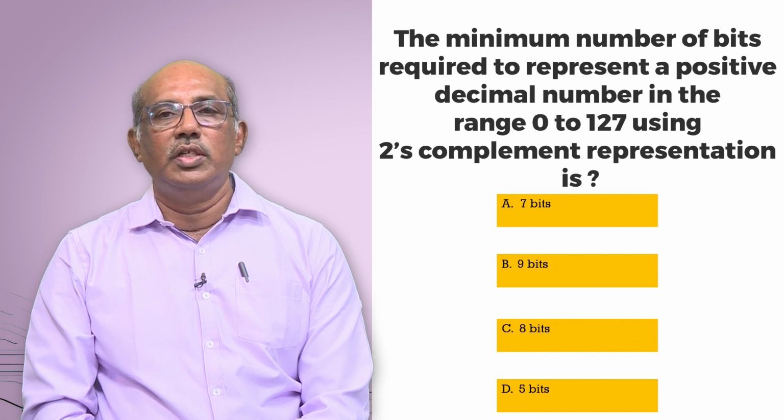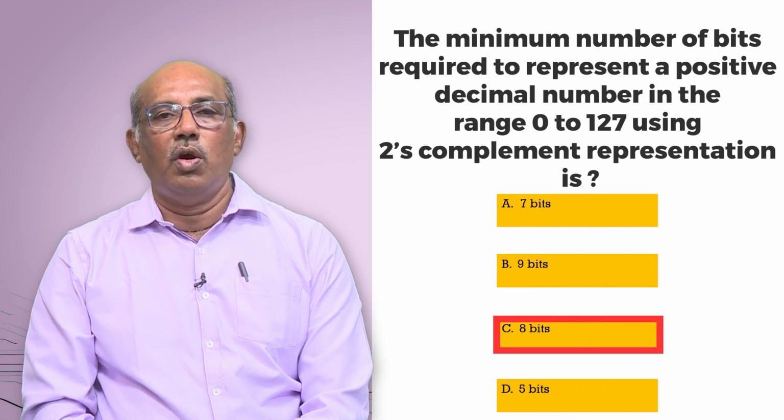Therefore, I cannot represent the decimal number 127, so I need 8 bits. With 8 bits the maximum is 2 raised to 7 minus 1. 2 raised to 7 is 128, and 128 minus 1 is 127. Therefore, the right answer is option C, 8 bits.